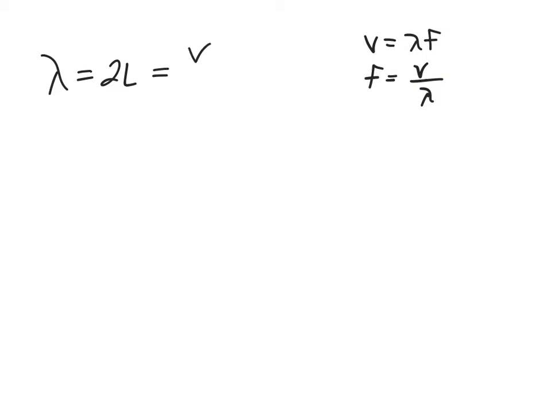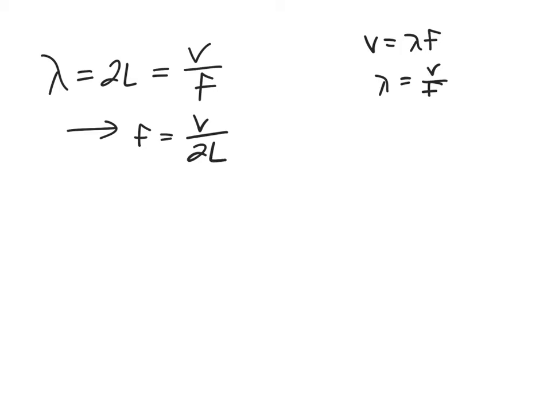All right? I think you can see that we could easily move this around, and instead of having lambda or 2L on that side, I could express frequency.